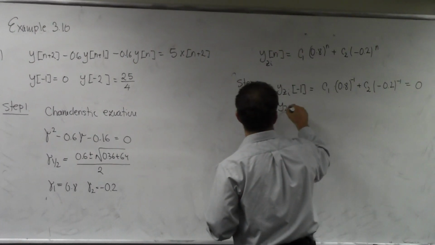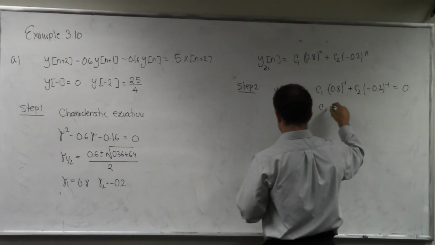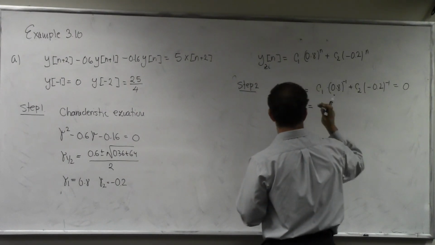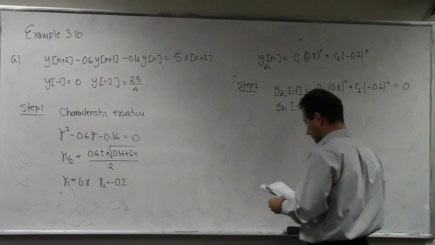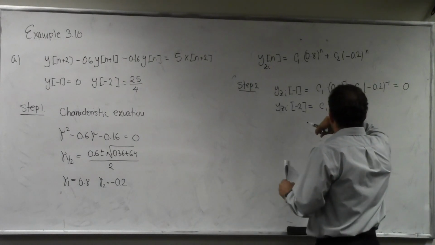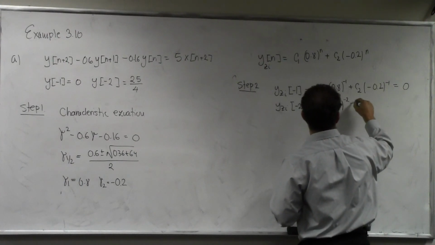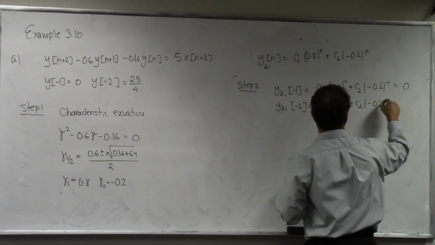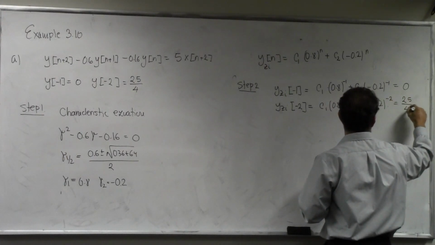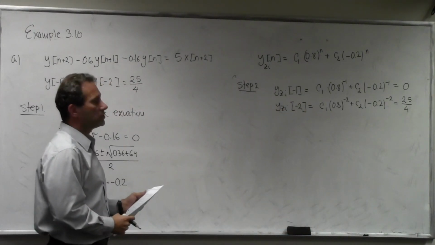And then y zi of minus 2 is going to be C1 times 0.8 to minus 2 plus C2 times minus 0.2 to minus 2, equal to 25 over 4. Okay? And this is 2 equations with 2 unknowns.